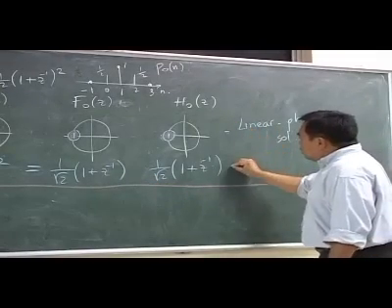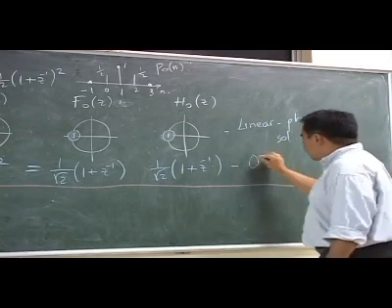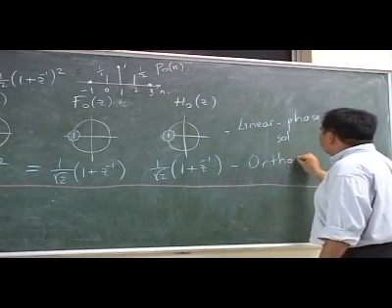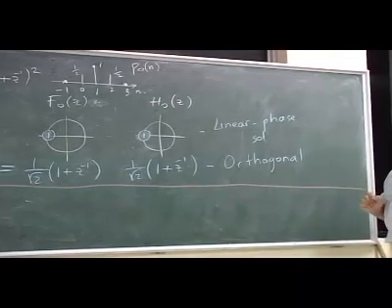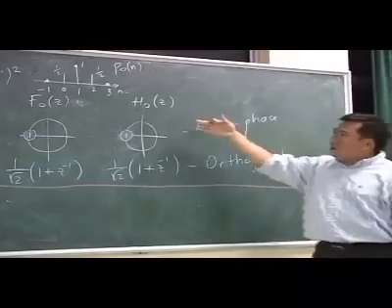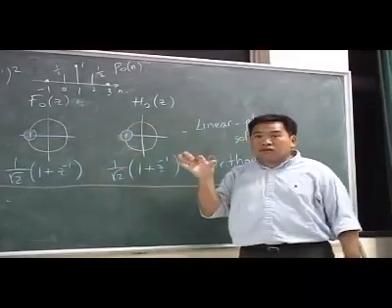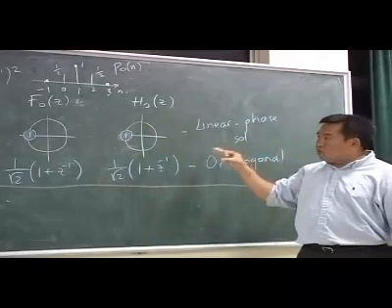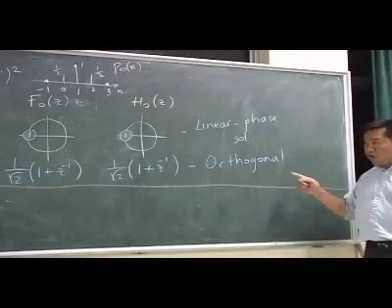You can show later on that this is also orthogonal. So we'll show that the basis function for this system is orthogonal. If we use this kind of filters in a wavelet sense, the basis function associated with the particular factorization will give you an orthogonal basis, right?